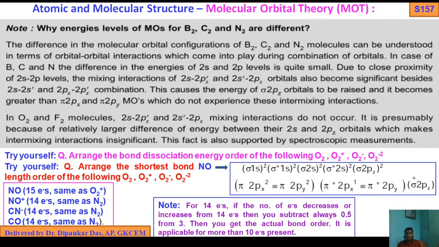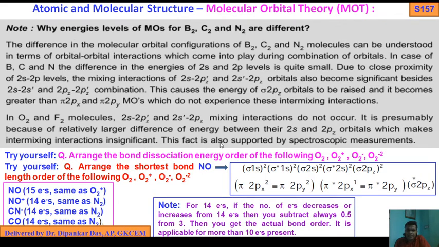This is a very important question. If a teacher or question asks, why does the 2pz orbital come first in the case of oxygen, and why not in the case of B2, C2, N2? As I already discussed, in the case of O2, F2 molecules, 2s 2pz prime and 2s prime 2pz mixing interactions do not occur, presumably because of the relatively larger difference of energy between their 2s and 2pz orbitals, which makes intermixing insignificant.